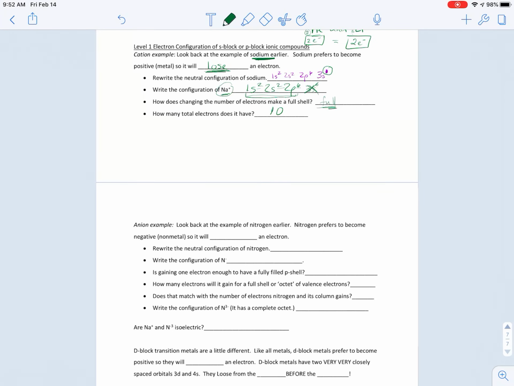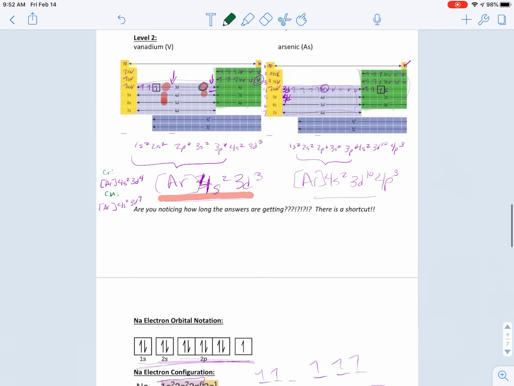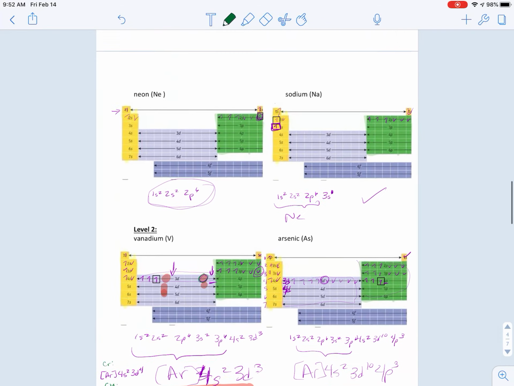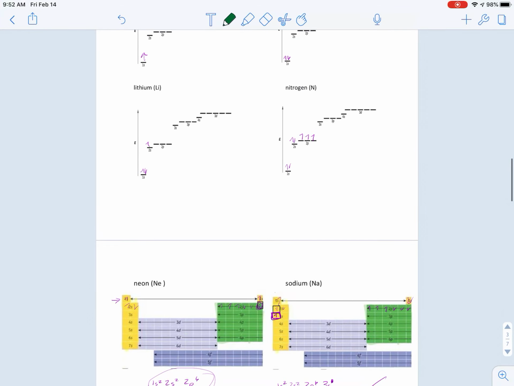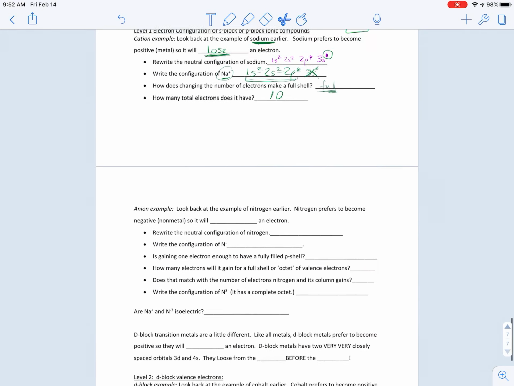Anion example. So look at the example of nitrogen earlier. So we did nitrogen up here, right up here. So this was 1s2, 2s2, 2p3. Go on down.